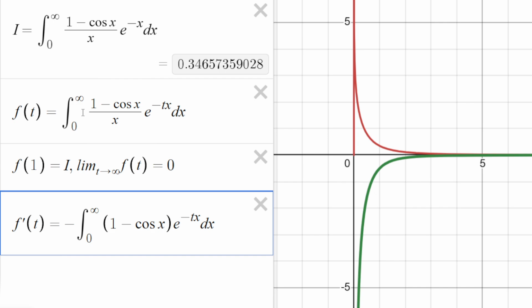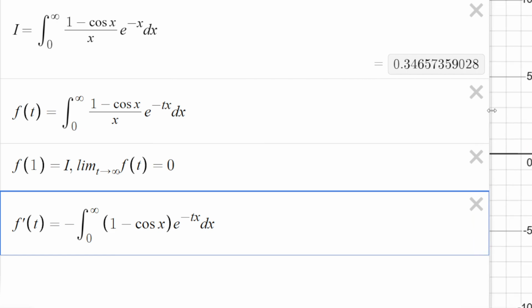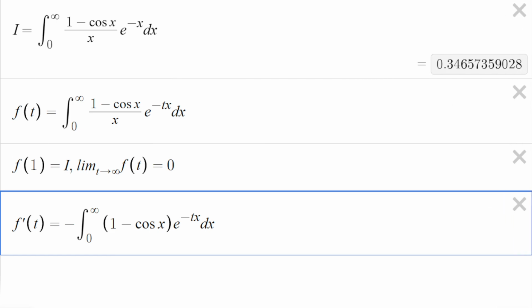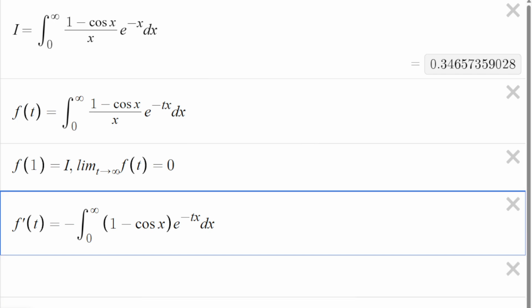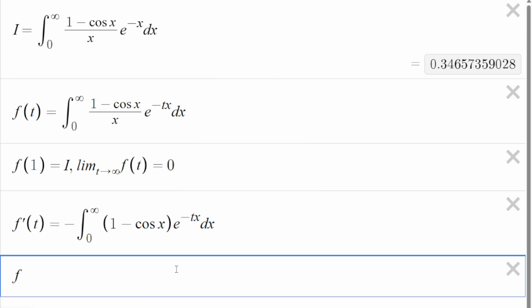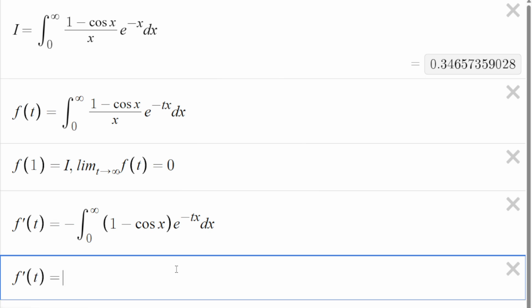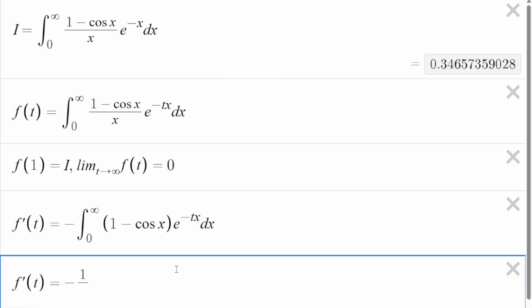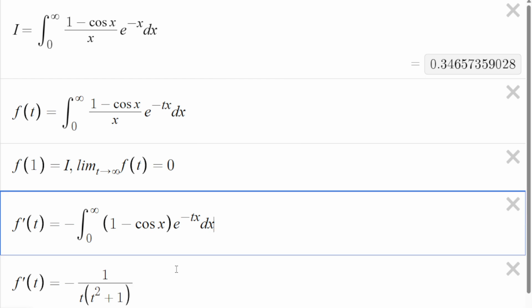And I'm not going to go through the steps of solving that integral. But what we end up with is f prime of t is equal to negative 1 over t times t squared plus 1. You can pause the video and verify that for yourself if you'd like.